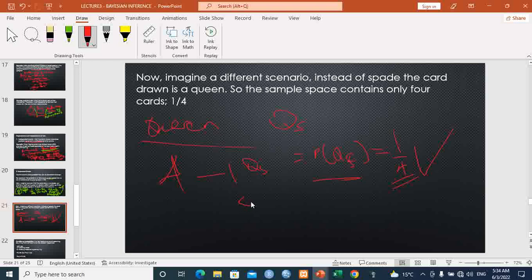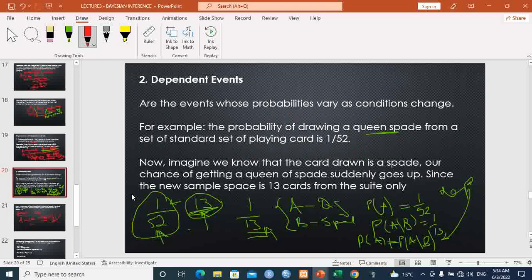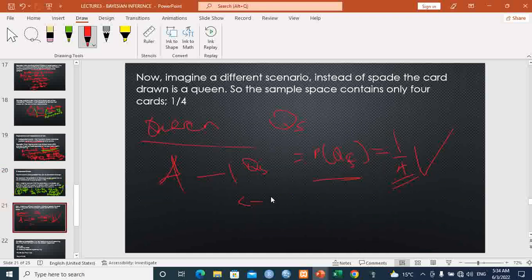So in A we had queen of spades, in B we have spade, and if C is queen, then the probability of queen of spades given queen, so this is probability of A given C, is equal to 1 out of 4, or 0.25 actually.